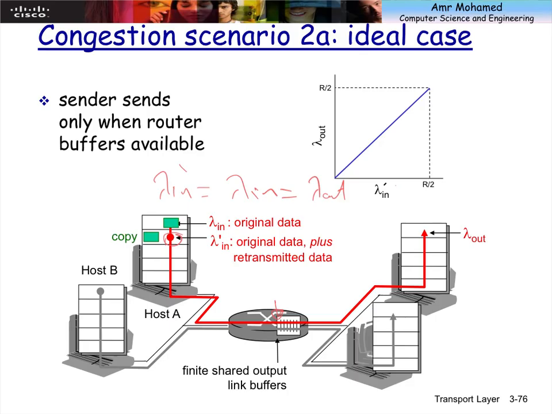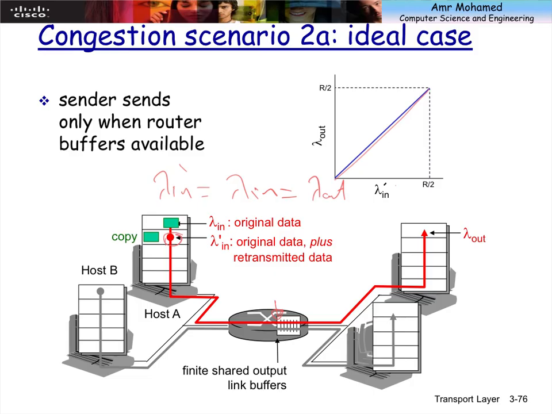So here, if the transport layer protocol was intelligent enough to guarantee that the buffer has empty space, then we will never have dropped packets, we will never have retransmission, which means that lambda in dash equals lambda in equals lambda out. That's it. So until we reach capacity C over 2 or R over 2, in that case, we will stop.